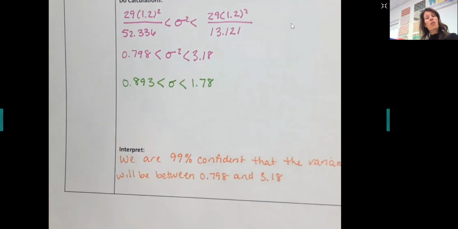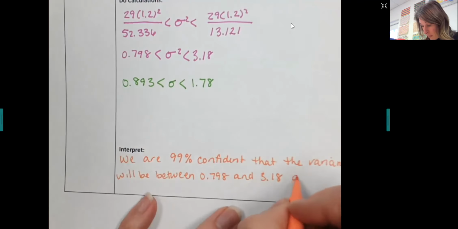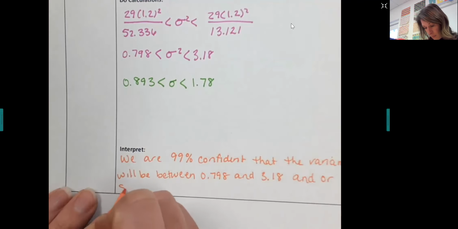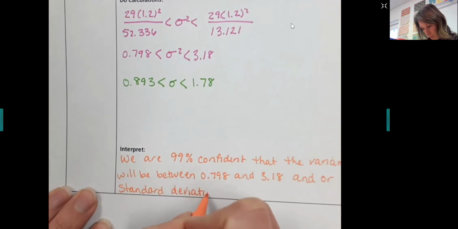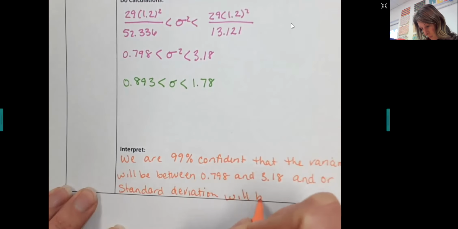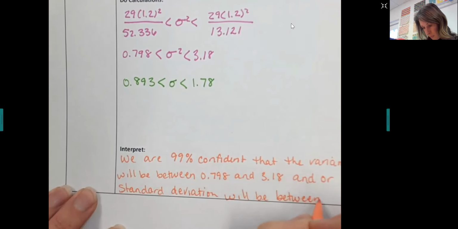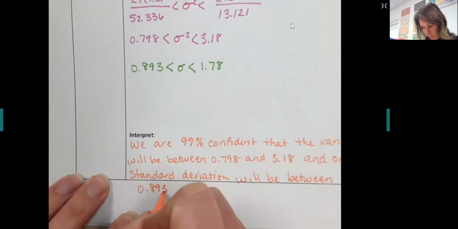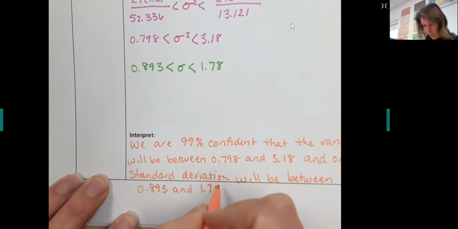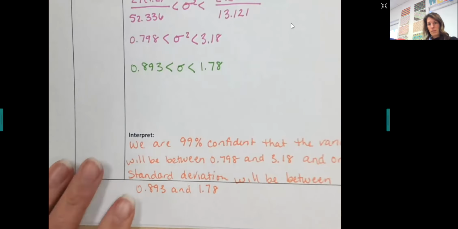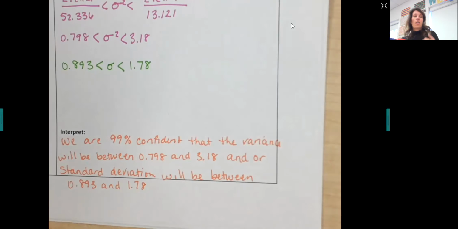And that our standard deviation will be between 0.893 and 1.78. So in order to do the chi-squared, you need to have the equation, and the hardest part is finding the critical values.